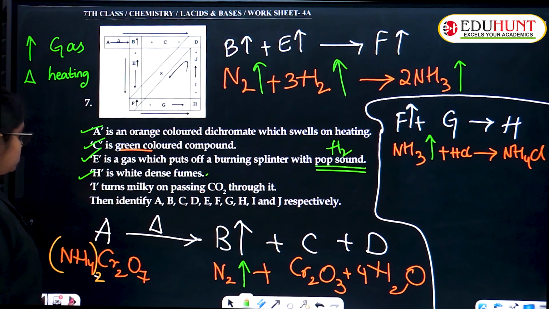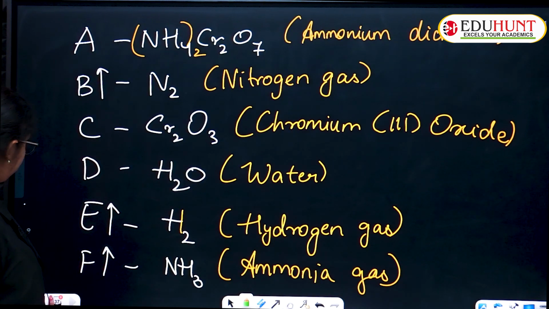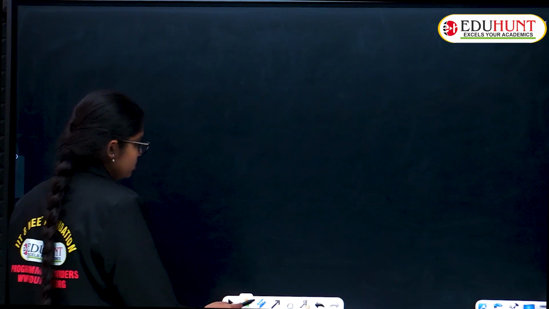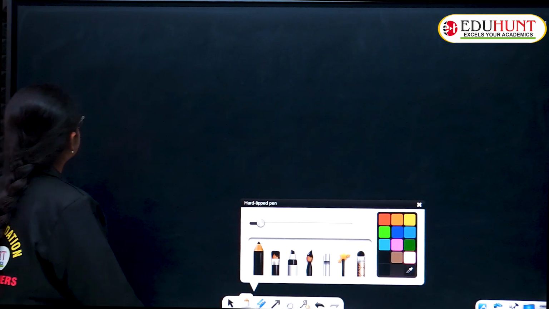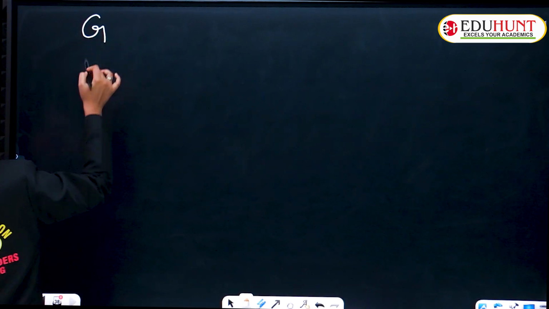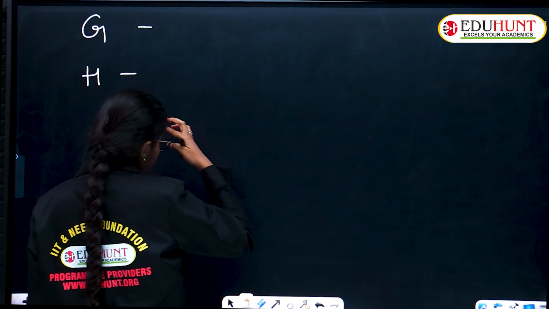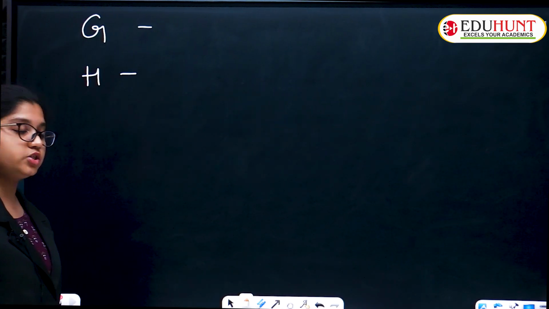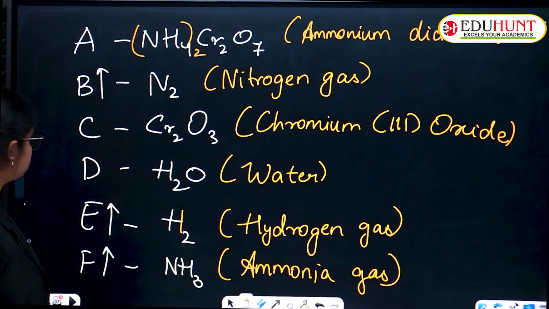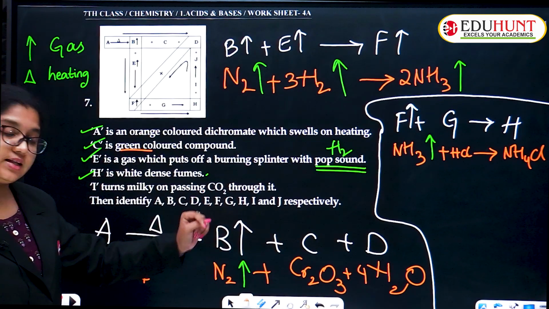I'll write the names also. Okay, place not sufficient. What is the given one, children? G is given and H we found also. What is G? G is nothing but HCl, very good.